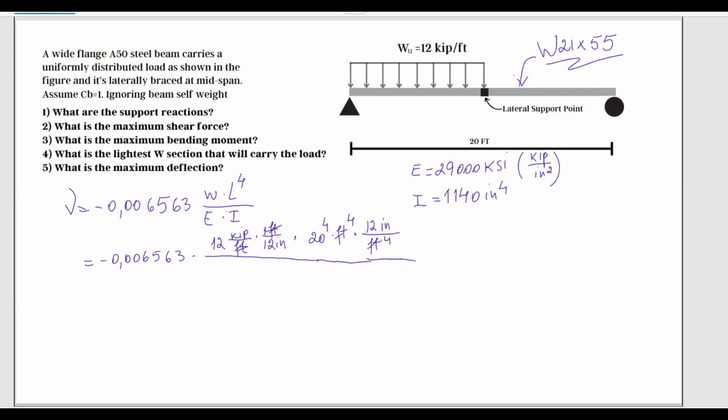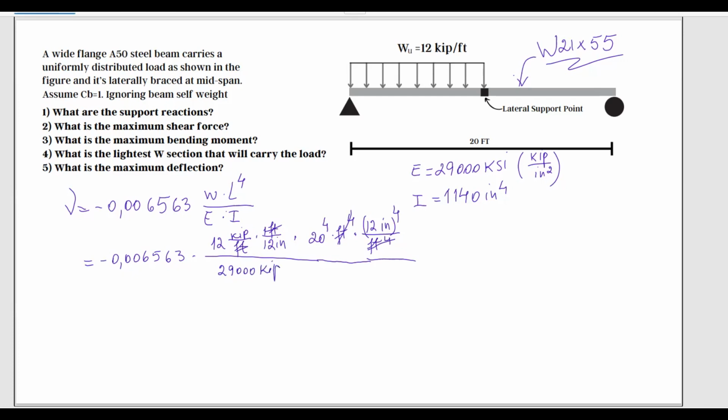Foot power 4 equals 12 inches power 4. And there you go. Now we can get rid of this, and we're going to be left with inches here. Now at the bottom, we leave the units the way they are.